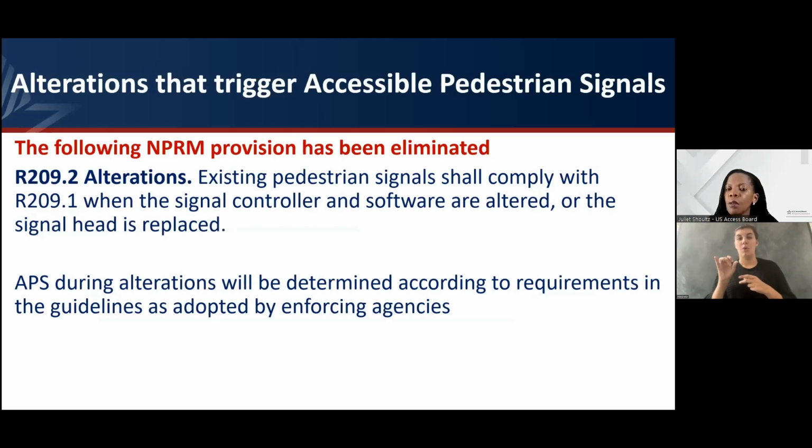So the entity making the alteration will assess according to requirements in the guidelines as adopted by the enforcing agencies, whether installation of an accessible pedestrian signal is required with specific alterations. The board notes that the enforcing agencies may provide further specifics in terms of what alterations would trigger installation of APS when they do their rulemaking in adopting these guidelines.